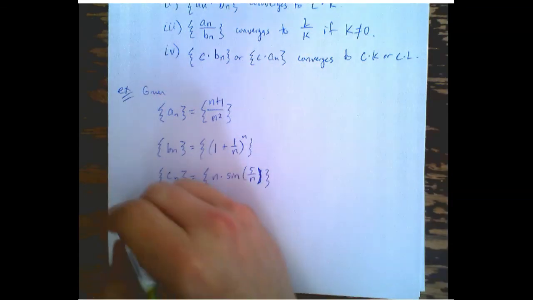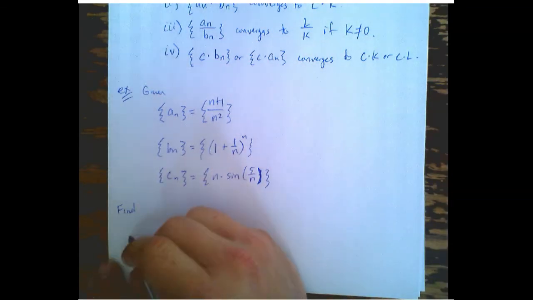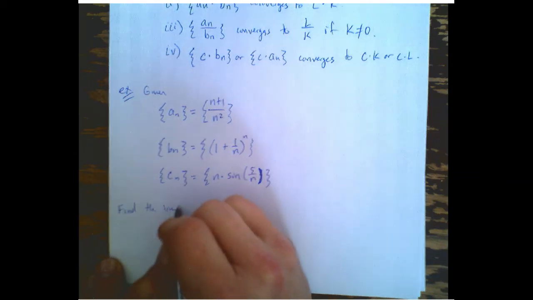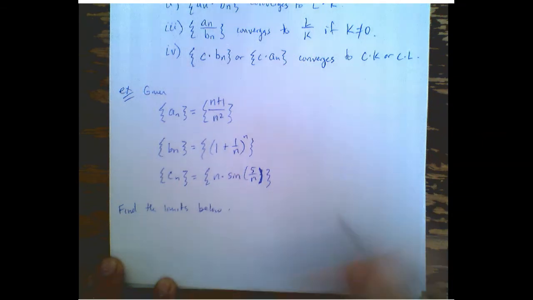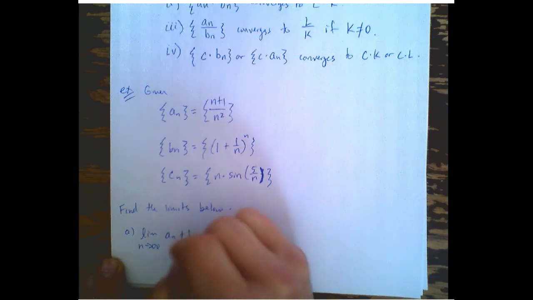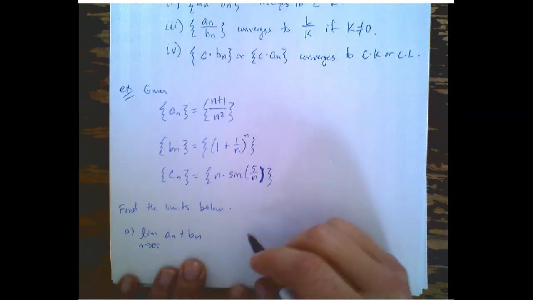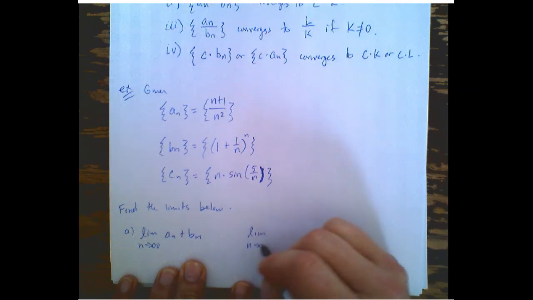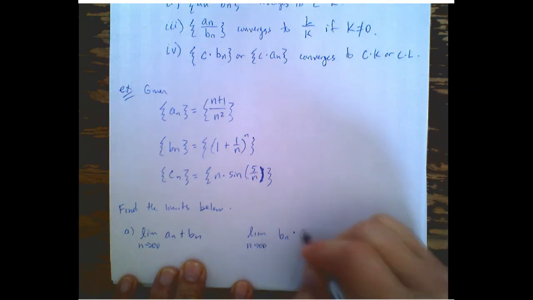We want to find limits. So first one, let's say the limit as n goes to infinity of a sub n plus b sub n, and the limit as n goes to infinity of b sub n times c sub n.